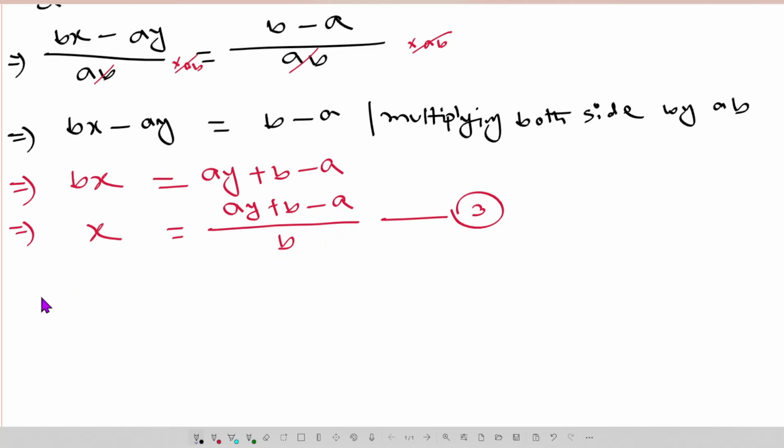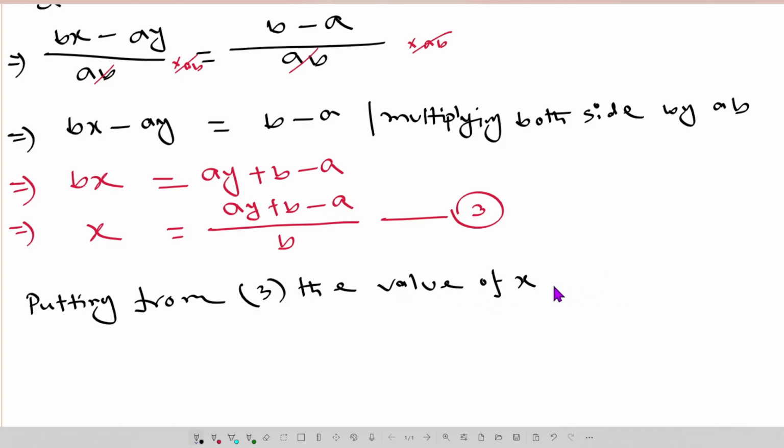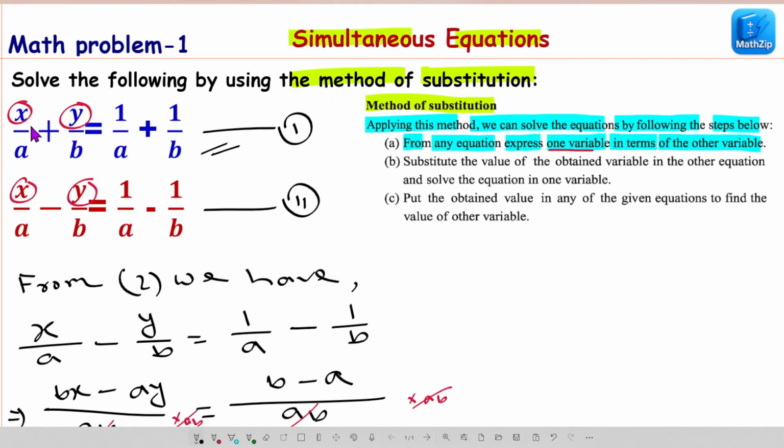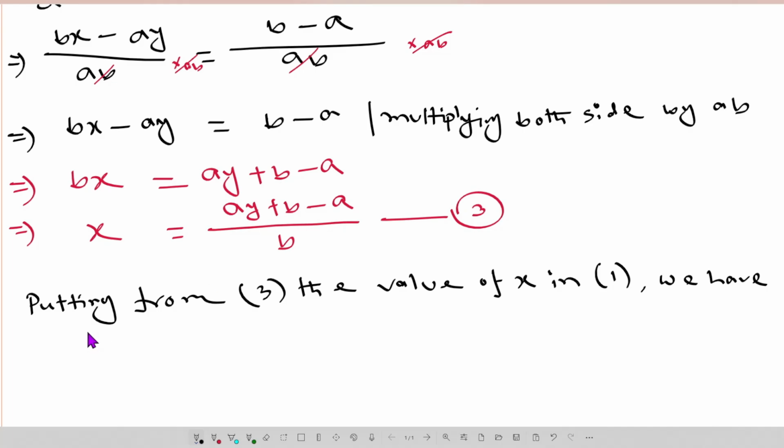So we write: putting from equation 3 the value of x in equation 1, we have x by a plus y by b equals 1 by a plus 1 by b, right?